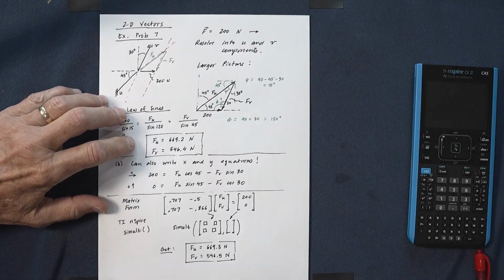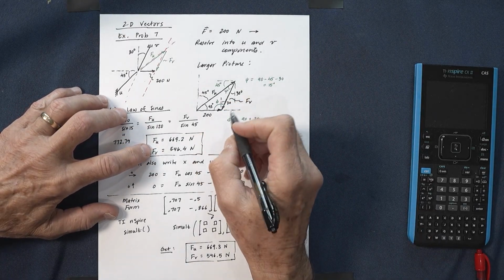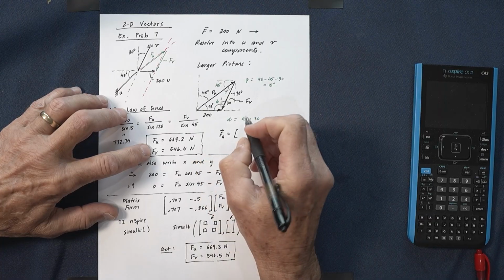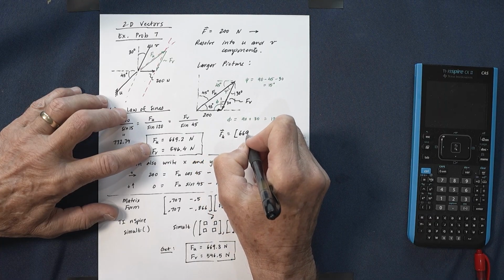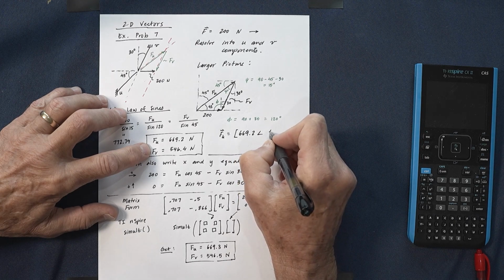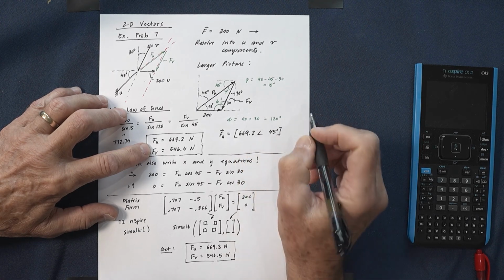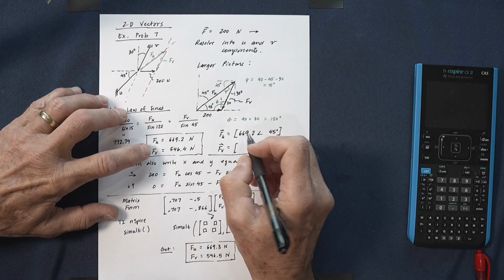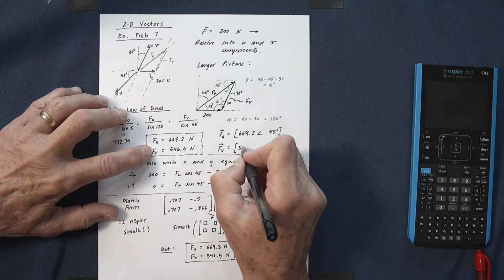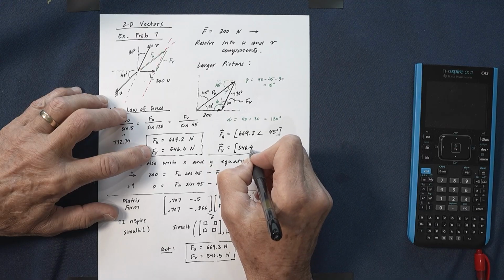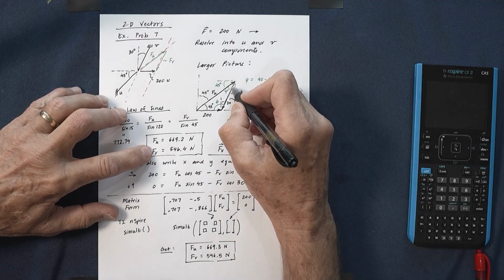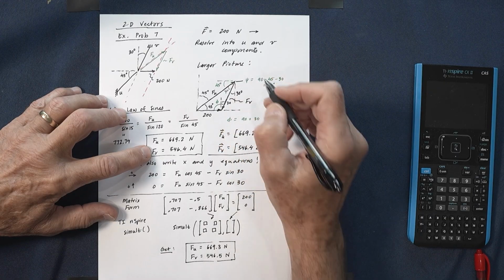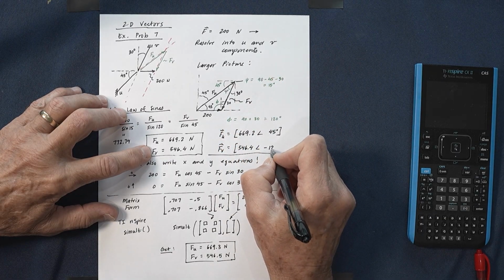If you had to write them as vectors, FU is at 45, so FU as a vector is equal to 669.2 at 45 degrees. And FV as a vector is equal to 546.4, and it acts this way, so that angle is minus 90 plus 30, so that's minus 120.